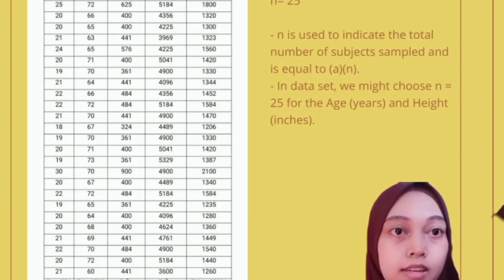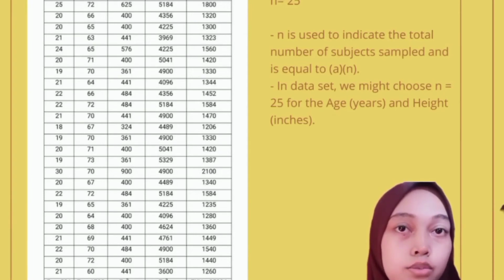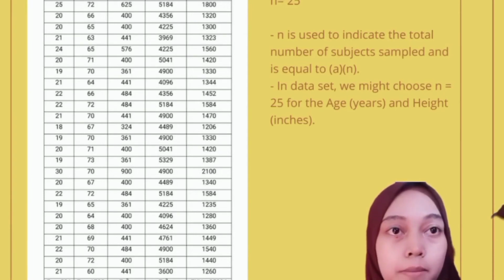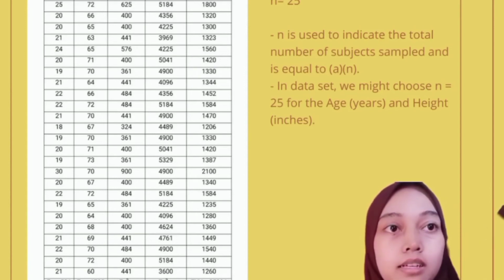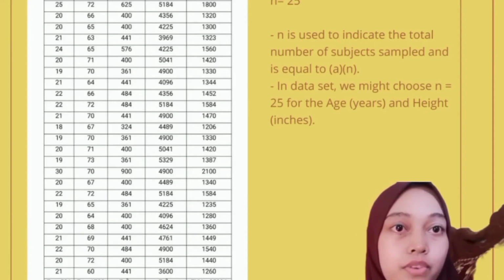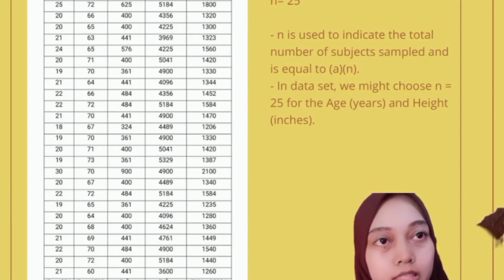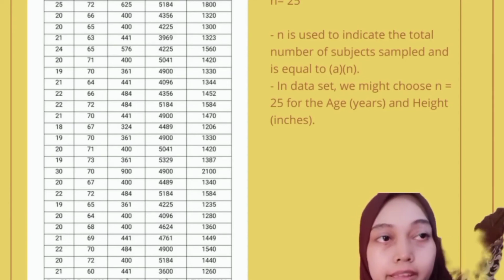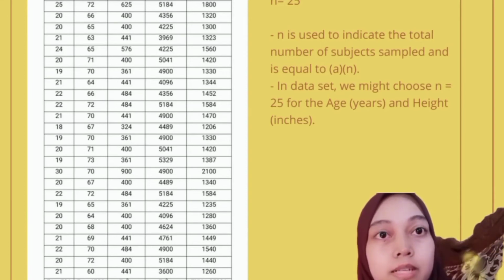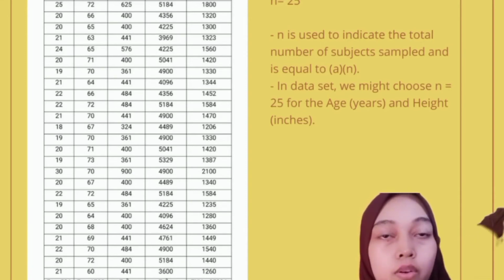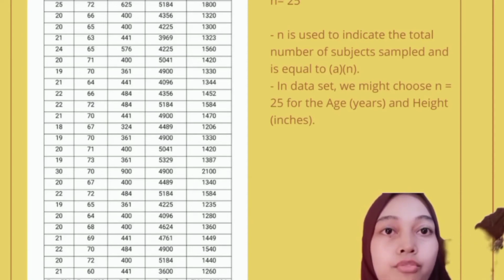n is used to indicate the total number of subjects in the sample. For the data set, we choose n equal to 25 for the age and height. For the Pearson's product, we have the independent variable, age, as x, and the dependent variable, height, as y. We also have x squared and y squared, and the last column we have xy.